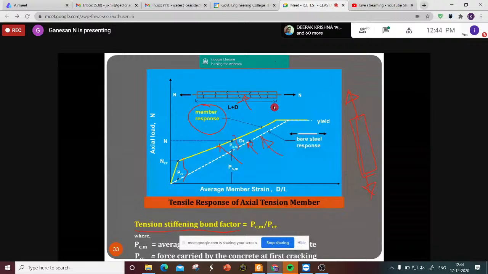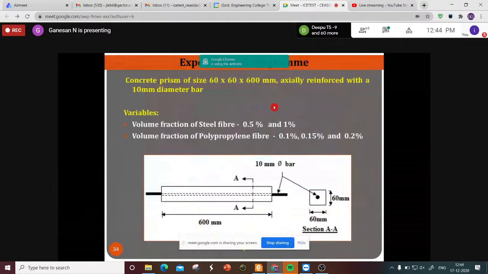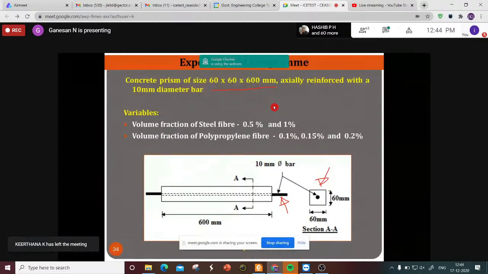So many concrete prisms have been made with a 600 millimeter length, axially reinforced with a 10 mm diameter bar. So we have a 10 mm diameter bar here, and this is the prism, 60 by 60. Then it was subjected to a tension test.